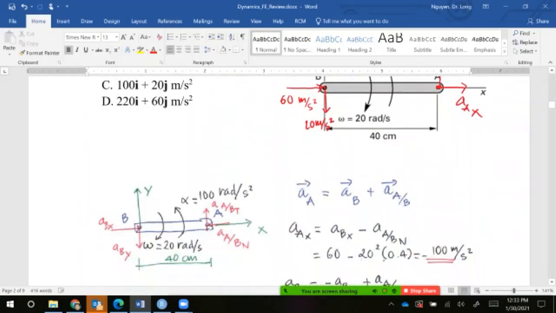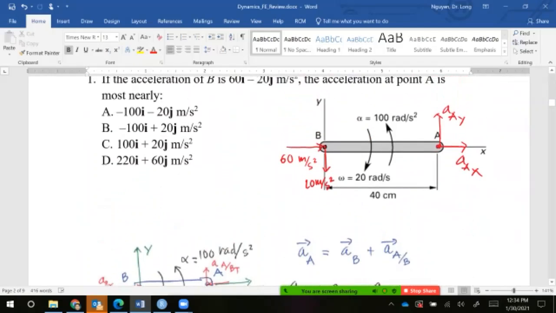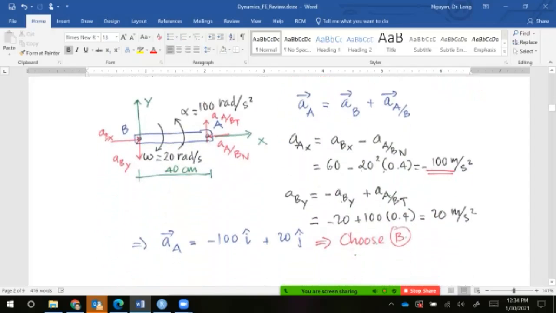But don't be confused: if we start with A, then it is A relative to B. If we have aB, then it equals aA plus aB relative to A. So with that, just go on to write that formula that you already remember, or the one that I just wrote down here. Then you have just two equations and two unknowns, because this is 2D.